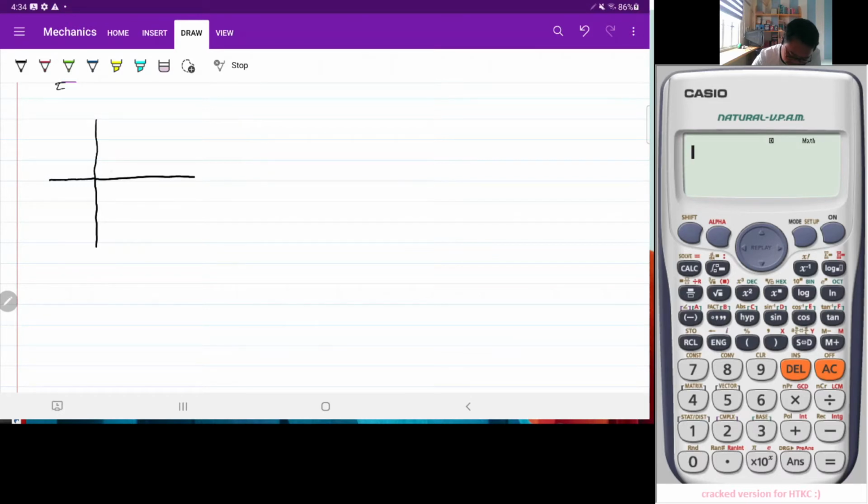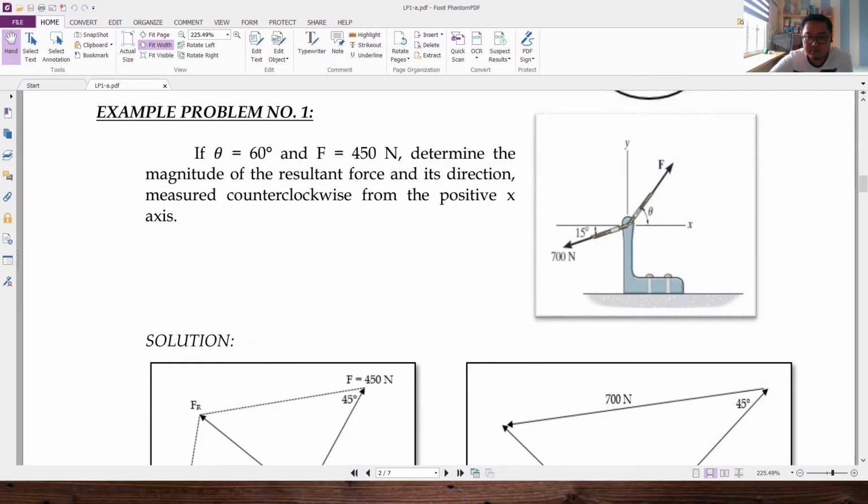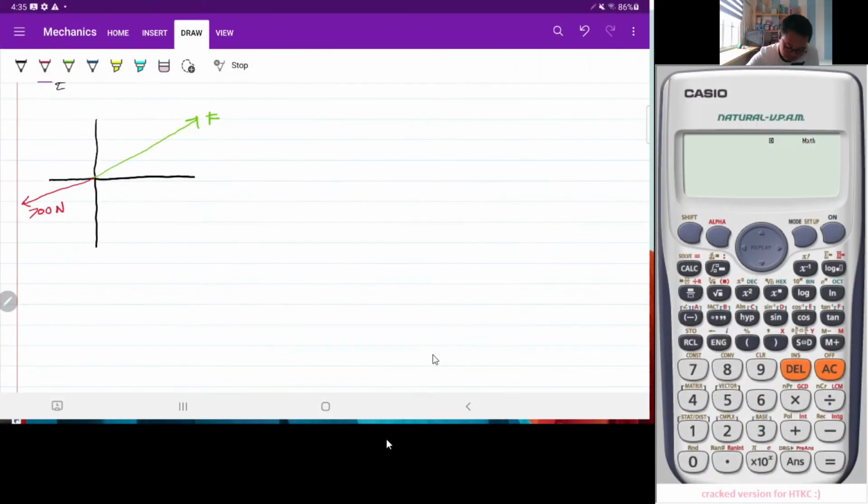F, this is 700 Newton, 15 degrees from the horizontal.